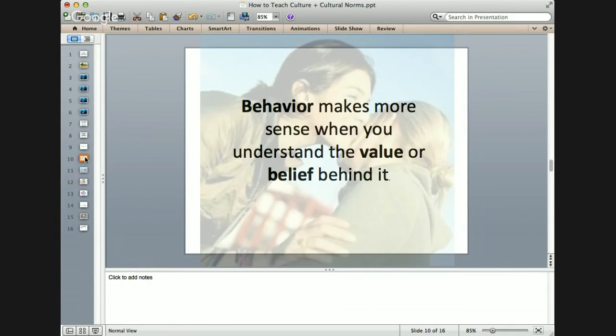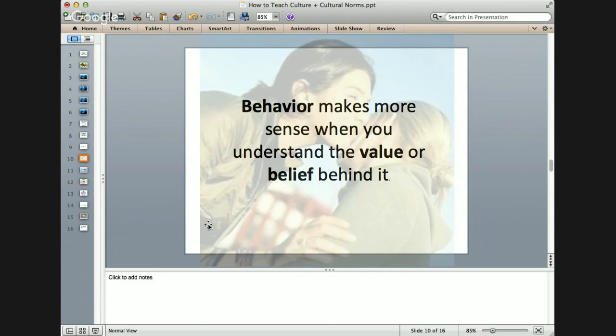So the behaviors that we see, if we think about our iceberg, we're seeing 10%. The behavior that we see makes more sense when we understand the value or belief behind it, so when we understand the bottom of that iceberg. I love this picture in the background of a woman kissing someone. We see that behavior, and perhaps as an American, or perhaps as somebody who comes from a more conservative culture, I might say, oh, they're kissing because they love each other, or I could make certain assumptions about that.